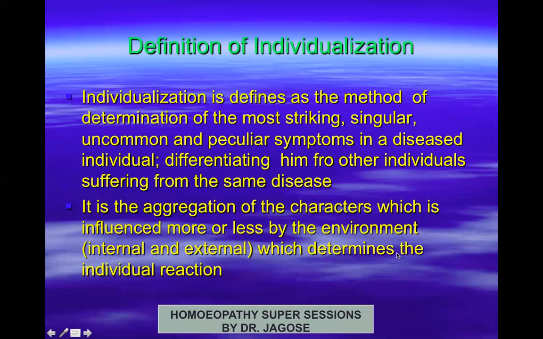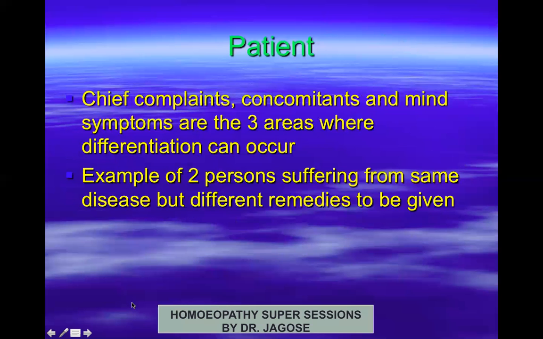So this point we have to take into consideration. The two people have the same disease of common cold, but the medicine is different. Why? Because their symptoms are different, because they are reacting to the environmental as well as the internal causes in a different manner. Therefore, the totality is taken, each having two separate totalities and two different remedies.